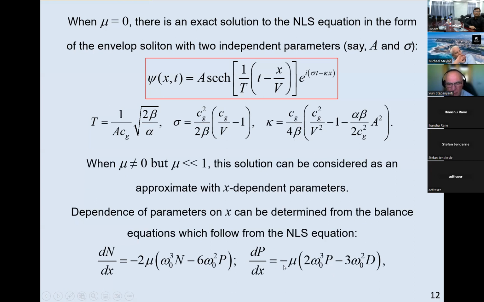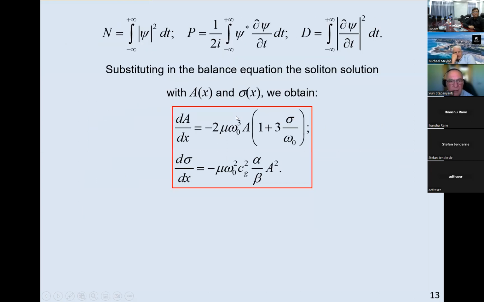But before, as you can see, if mu is 0 on the right-hand side, we have that N and P are conserved quantities. This is a very well-known fact for the nonlinear Schrödinger equation. But if parameter mu is non-zero, in this case, we obtain the balance equation. So quantity N is just an integral of modulus of psi squared. P is such a quantity and E is this one.